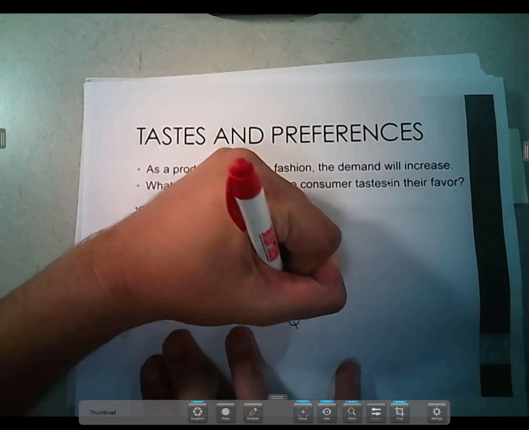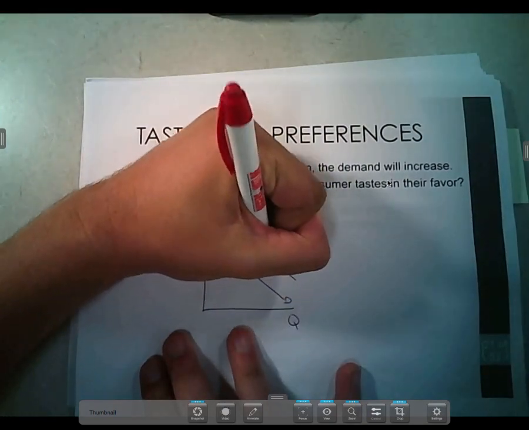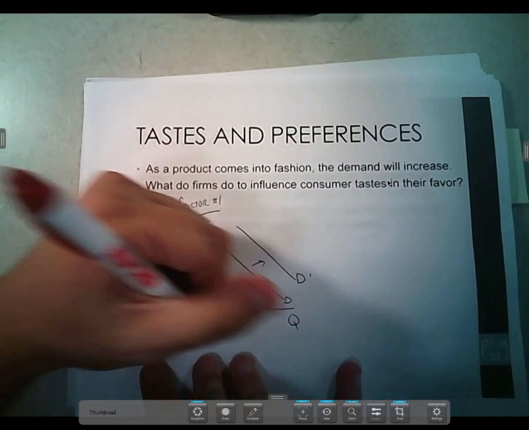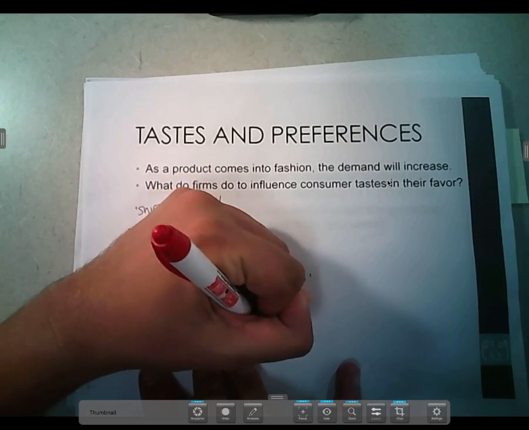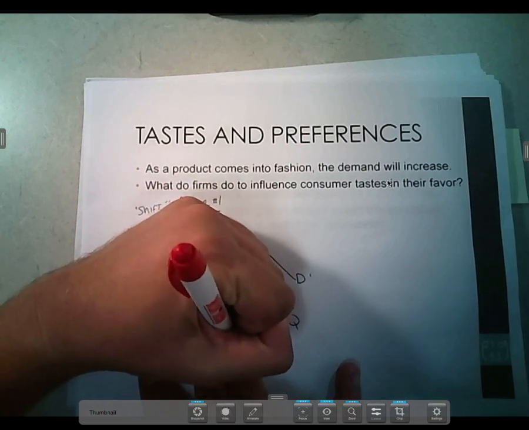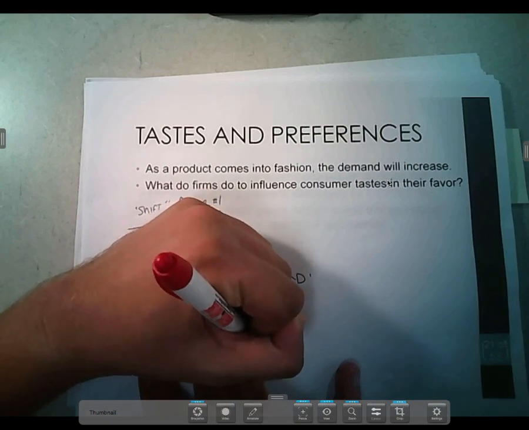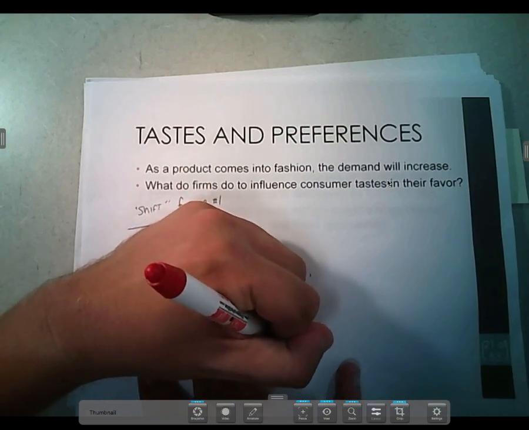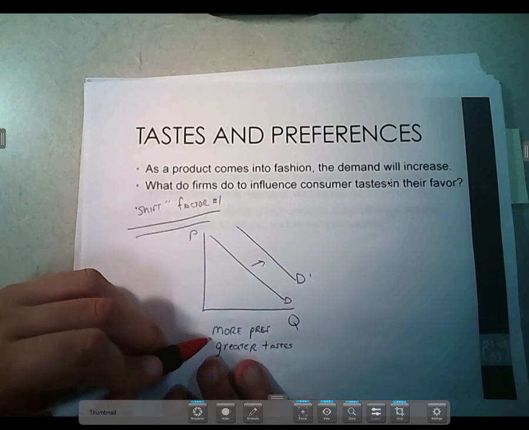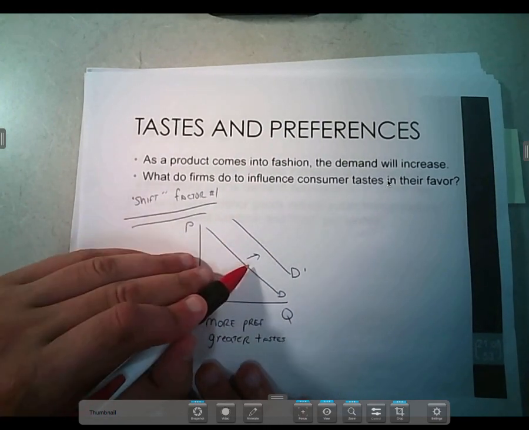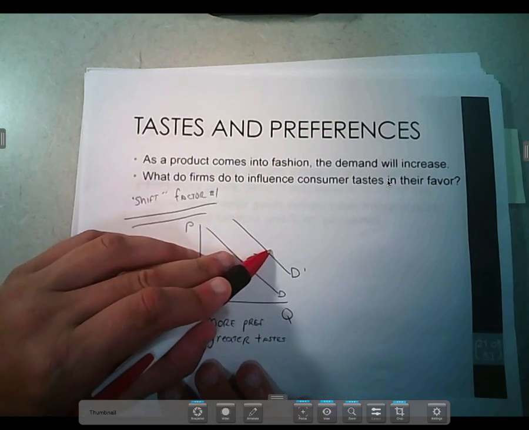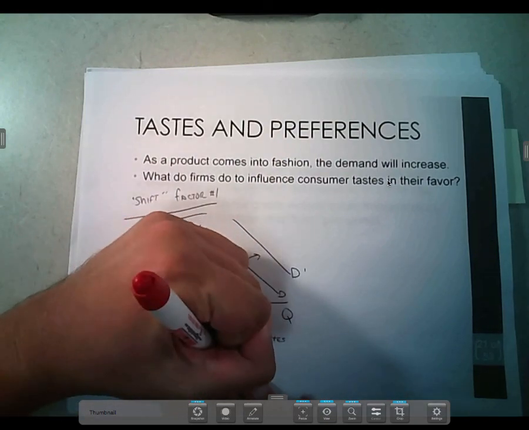What that would mean is that we could understand this in two ways. I could have more preference for that product or a greater taste for that product. That's going to be reflected by a rightward shift or an increase in demand.